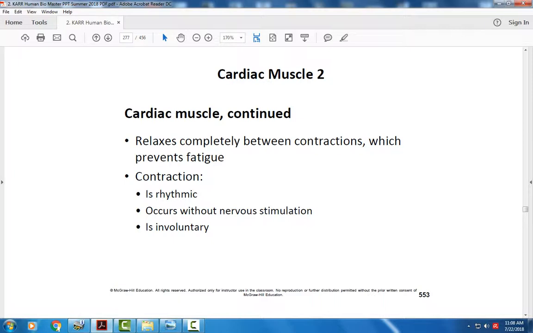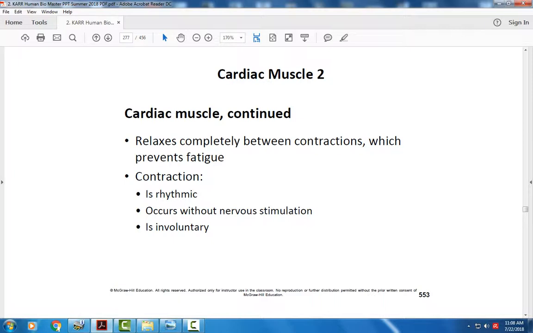But just remember that during systole, that's when the heart muscle is contracting, and diastole is when the heart muscle is relaxing, and that's what causes those pressure waves to get the blood to move from the heart to the tissues of the body. And it's important that we have this constant cycling from relaxation, contraction, relaxation.